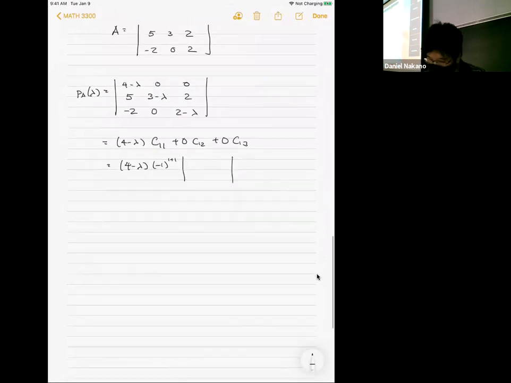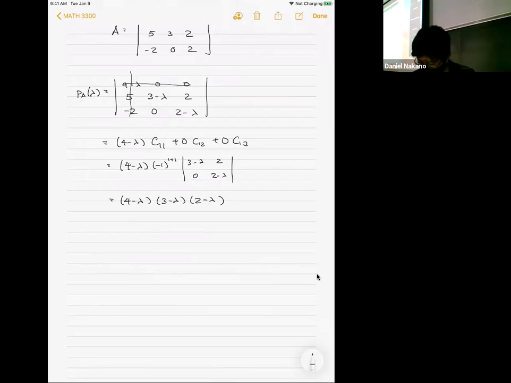Then we take the matrix we get by crossing out the first row and the first column. So I get 3 minus lambda, 2, 0, 2 minus lambda. So then I get 4 minus lambda, times a product of 3 minus lambda and 2 minus lambda.